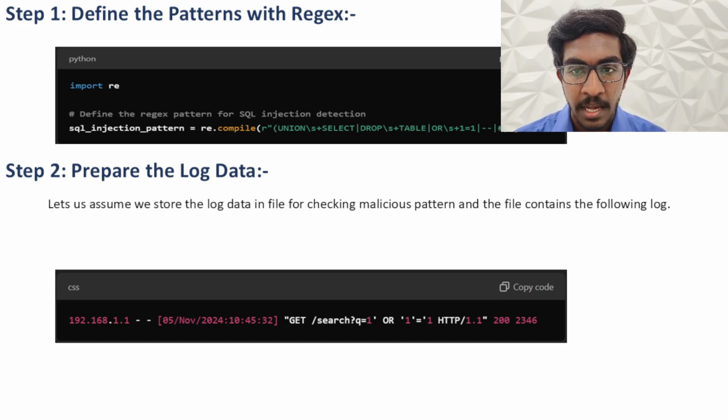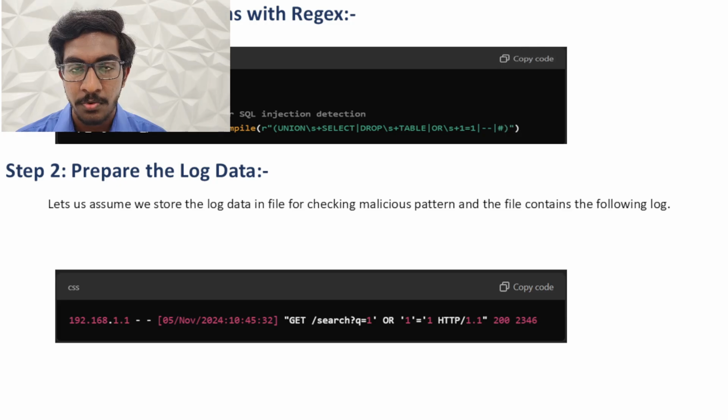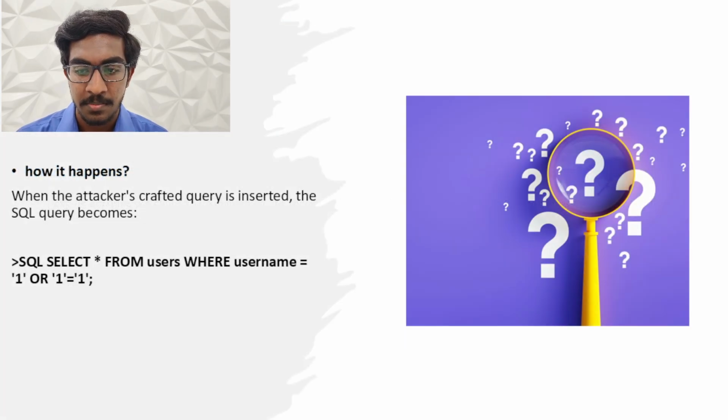If you notice carefully, after the GET search we have a question mark, which is a clean closure, with q equal to 1 or 1 equal to 1, which is a malicious threat. q equal to 1 means that 1 represents true, so it is used for bypassing the security systems.